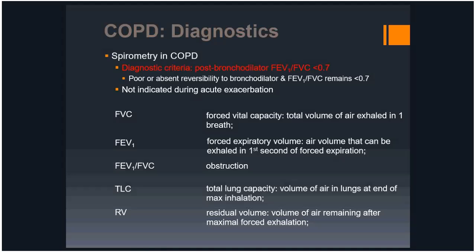When you look at the FVC, this is the forced vital capacity. This is the total volume of air that's exhaled in one entire breath. So someone with COPD, do you expect that to be normal, increased, or decreased? In this instance, it can be normal or decreased.